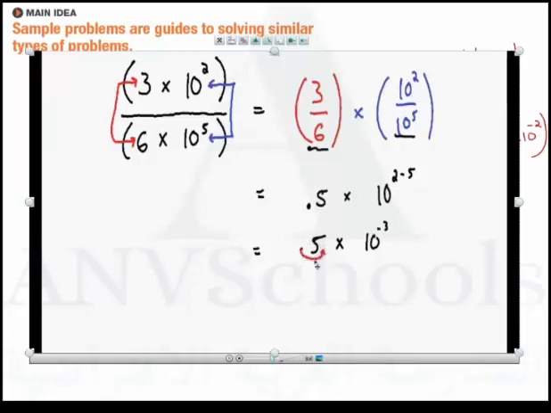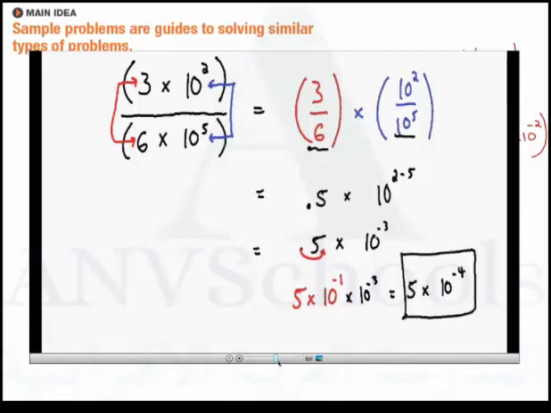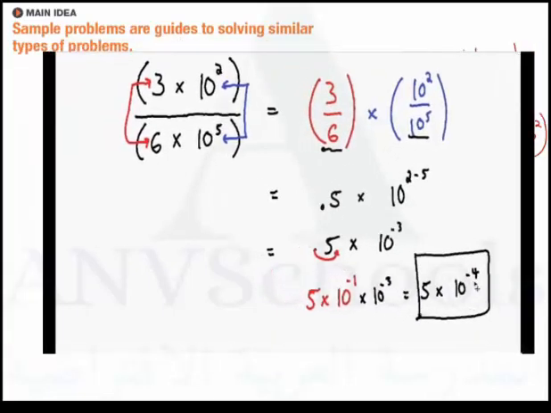So we'll move the decimal one space, so we'll multiply by 10 to the negative 1, so negative 1 plus negative 3 will give us negative 4. So this will be our final answer.